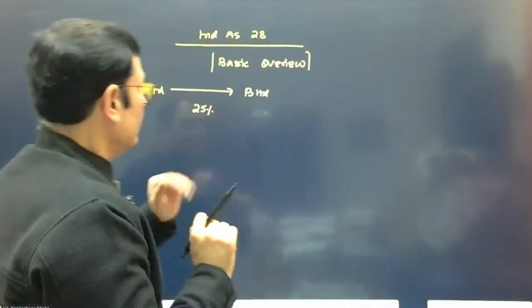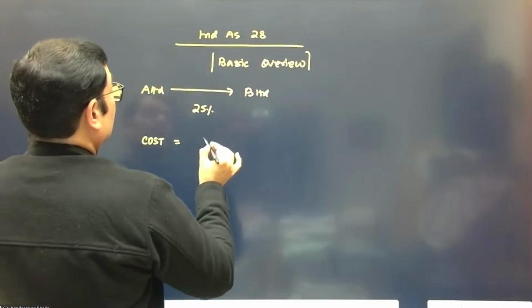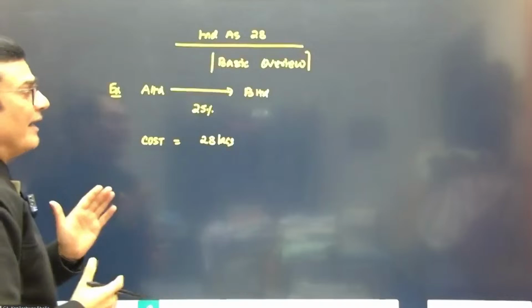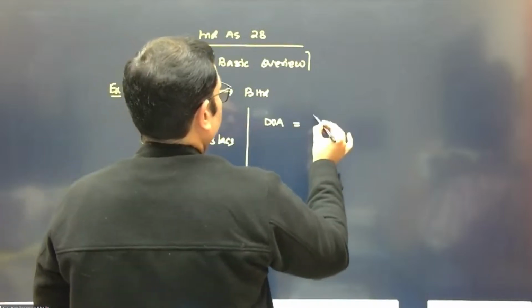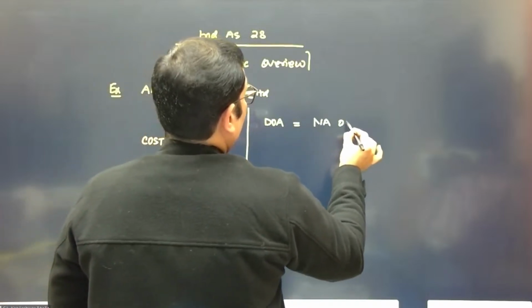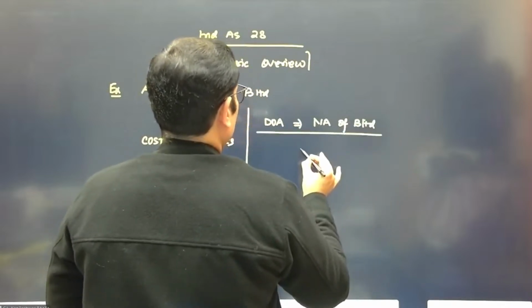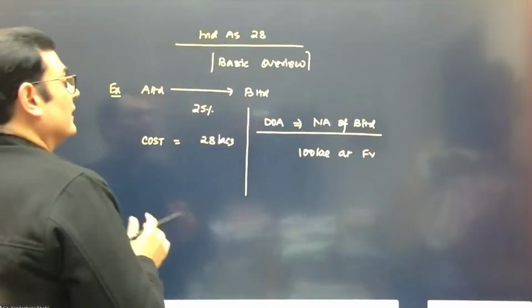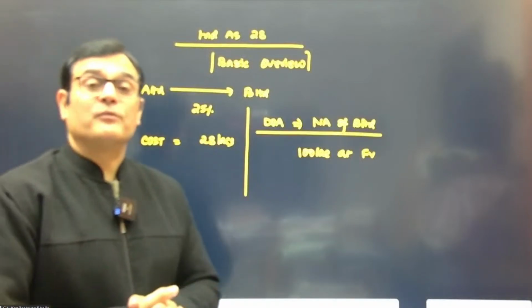Now, let's assume that he acquired the investment at, let's consider, 28 lakhs. Now, let's say on the date of acquisition itself, the net assets of B Limited are, let's say, 100 lakhs at fair value.